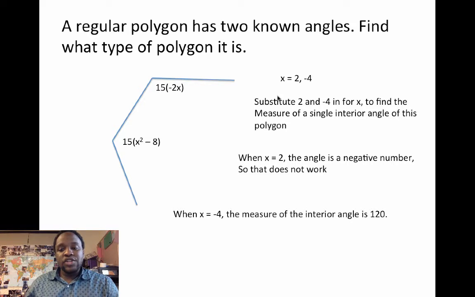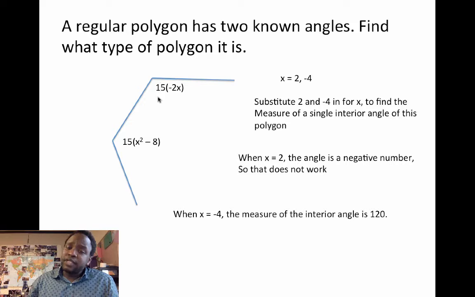So what we can do from there is substitute 2 and -4 in for x to find the measure of a single interior angle of this polygon. So when x equals 2, I'm picking this one to check it with because the numbers are a little bit nicer. When x equals 2, -2 times 2 is -4, and 15 times -4 is -60.